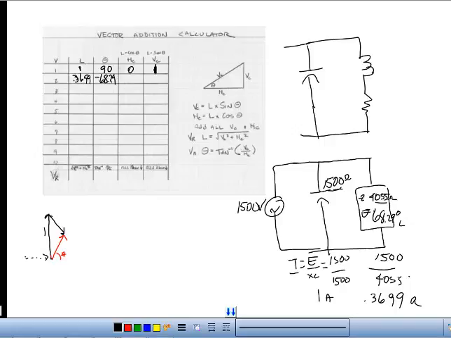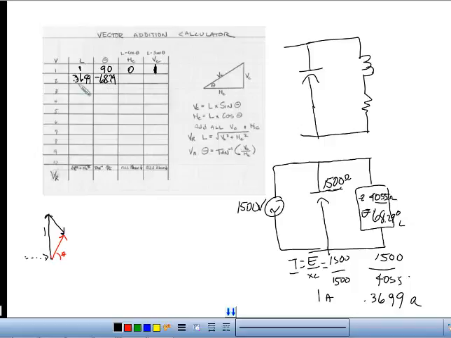This inductive vector is mainly vertical. It's more than 45 degrees off of horizontal. It's more vertical than horizontal. The vertical component will be greater than the horizontal component. The vertical component is the length of the vector times the sine of the angle.